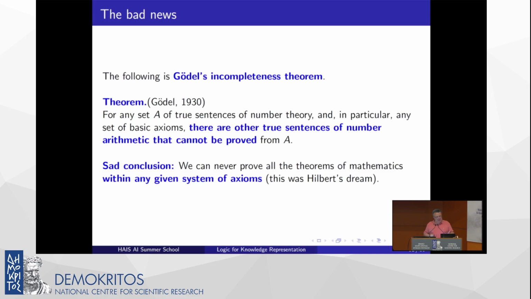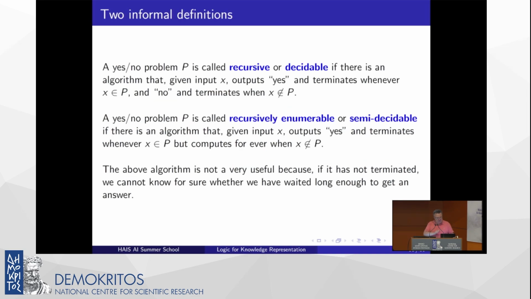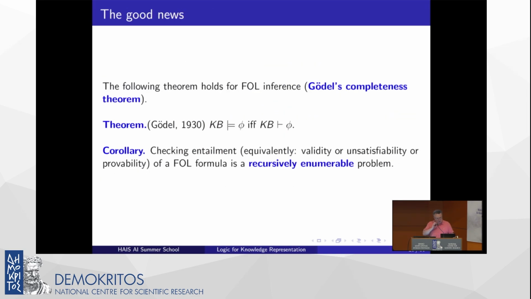Now, maybe I should have organized this a bit better. Forget this for a minute. So this is the good news: first order logic is complete, from Gödel's completeness theorem.